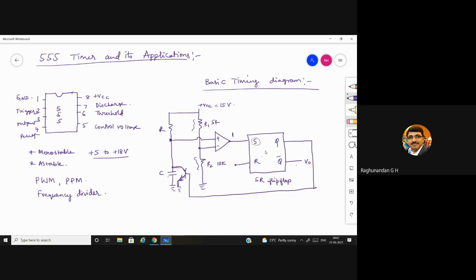The same way as in the voltage divider circuit, the base voltage VB was dependent upon R2 because the other terminal was grounded, but it was not dependent on R1, because the voltage across R1 is not VB, it is VCC minus VB. But the voltage across R2 is equal to VB.